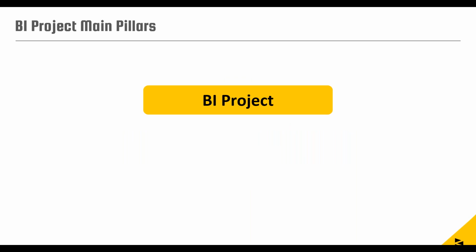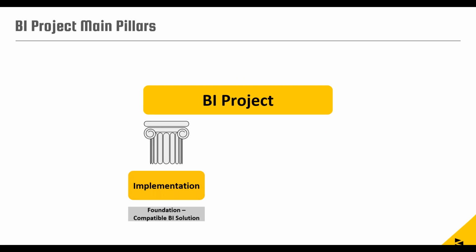Okay, let's start to discuss a BI project in general. When we look at a BI project, we usually look at two main pillars. The first one is the implementation part, how to build and create the BI solution. We see that as the foundation of the BI solution, and for that we have a complete BI methodology that you are welcome to look at on our website, which helps you follow best practices and methodologies for how to create a good BI solution.